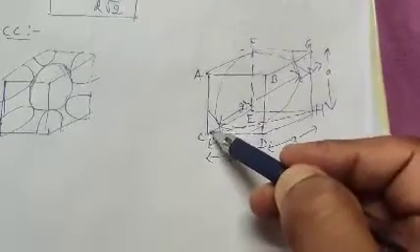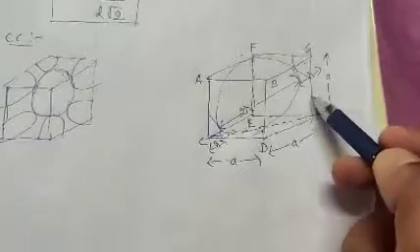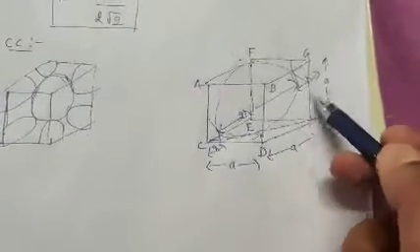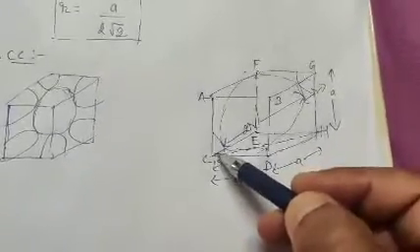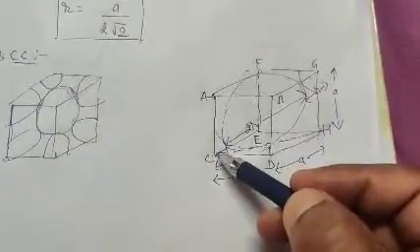Now we will calculate the atomic radius. Let us consider this will be 4r and this will be a, because it is cubic, so these sides will be the same. This will be a, this will be a, this will be a. Our aim is to calculate using this right angle triangle CGH.